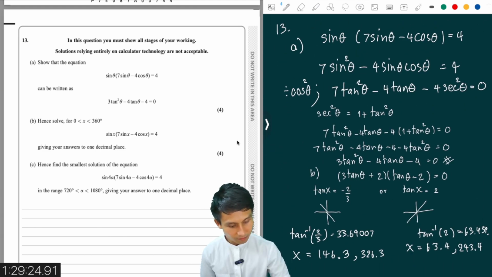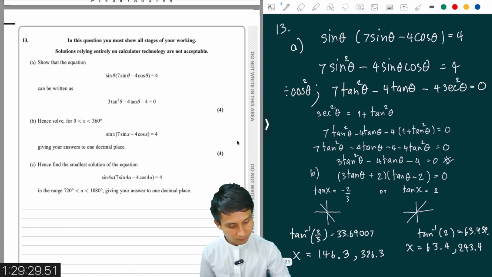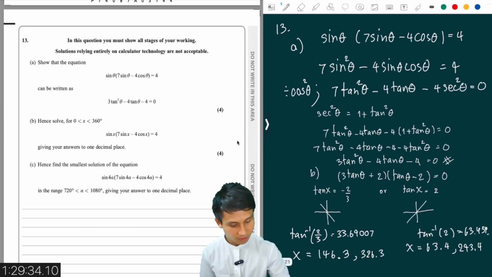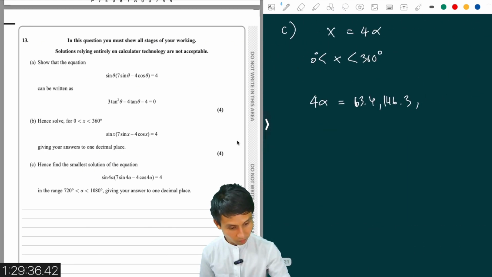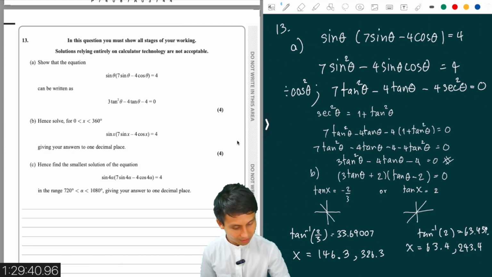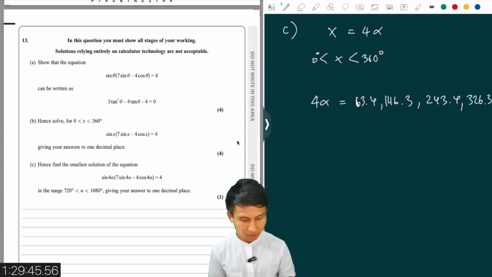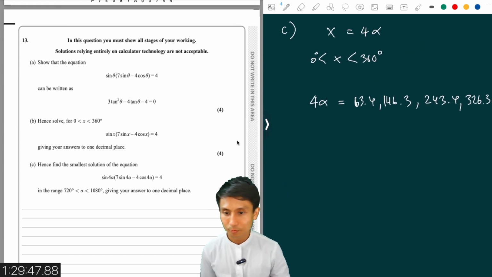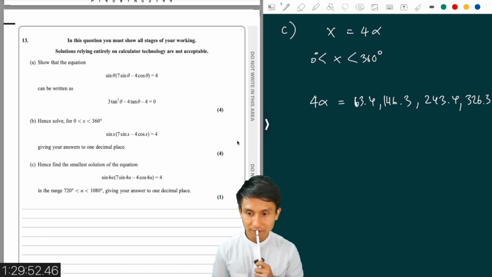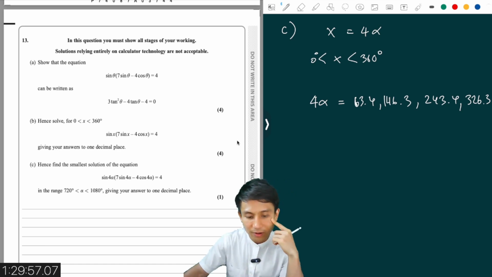So I'm going to order them from smallest to largest, yeah. 63.4, 146.3, and then 243.4, and then 326.3, right? That's all there is. Hence, find the smallest solution for that. So we need to find, okay. Hang on.